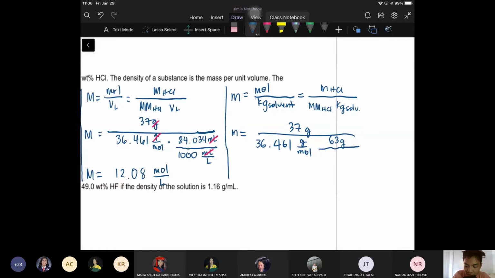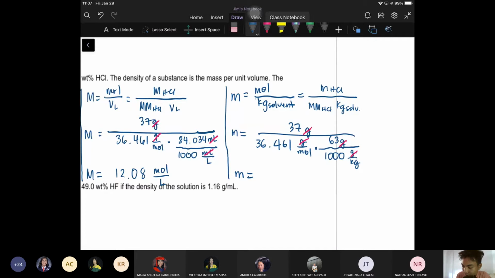Dito mo i-divide by 1,000. Let your calculator do the conversion. Magtiwala kayo sa calculator nyo. So, by dividing 63 grams by 1,000, we get the kilogram of the solvent. Again, solvent ha, hindi solution.